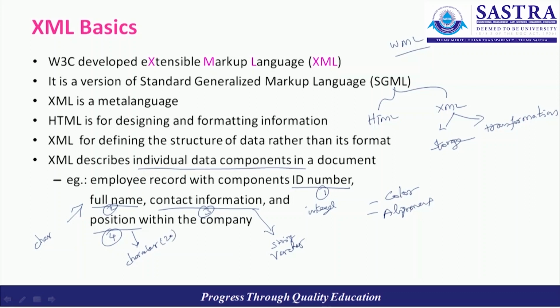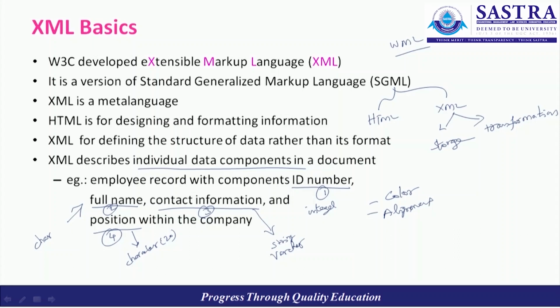So data about data, which is called metadata. This is mandatory for other data stores like FoxPro, Microsoft Access, these kinds of tools which have the data as well as its metadata. But with the help of XML, we are going to create an employee document.